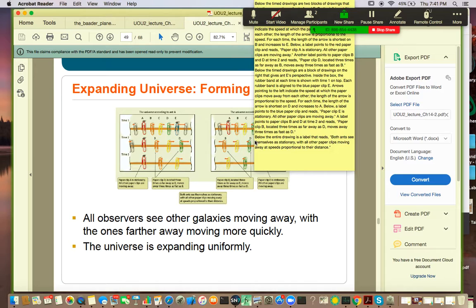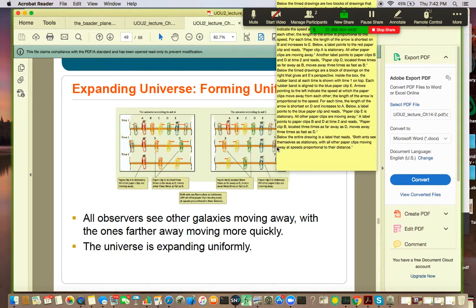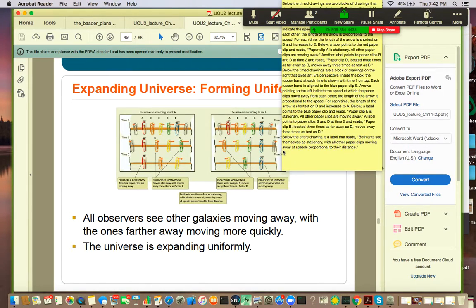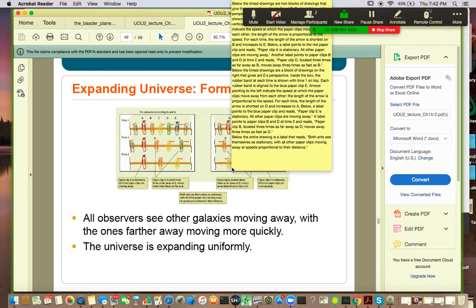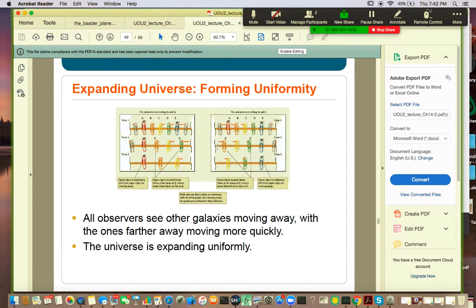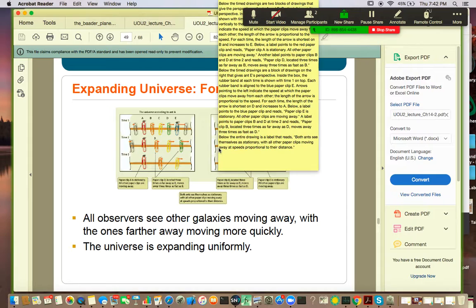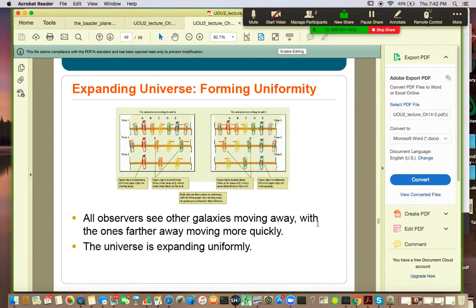And then you stretch the elastic in a certain amount of time, and when you do your calculations, you realize that no matter where you are, you see all the other paper clips moving away from you, in such a way that the farthest it is from you, the faster it seems to be moving away.